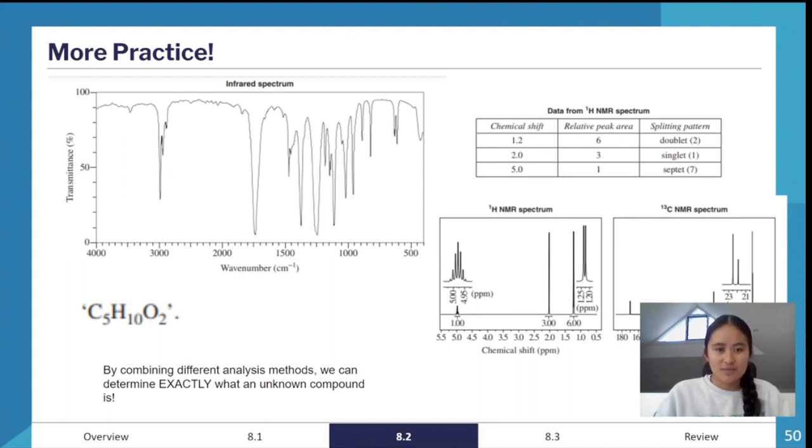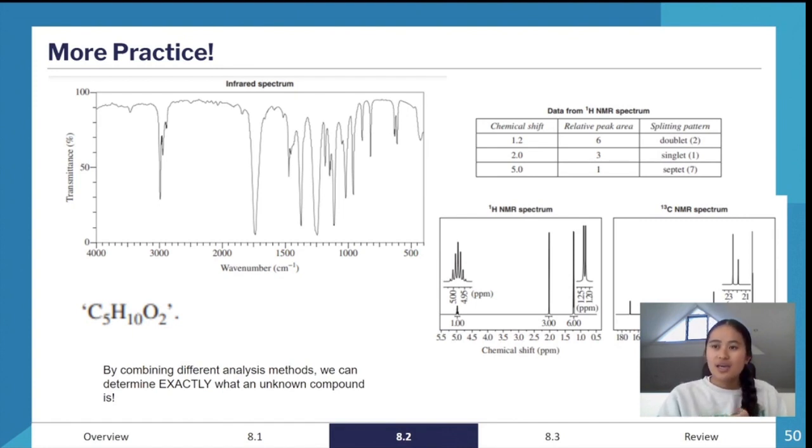We have the formula C5H10O2, and then we have the H NMR, the C NMR, and the infrared spectrum. Before we look at H NMR and C NMR, we're going to look at the infrared spectrum, just because that can give us information on whether it's a carboxylic acid or an ester. And that will make all the difference when we look at the H NMR and C NMR.